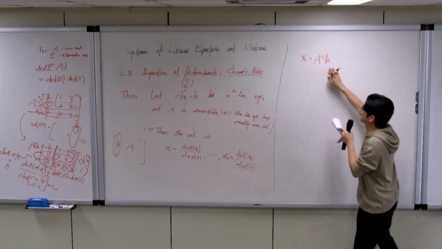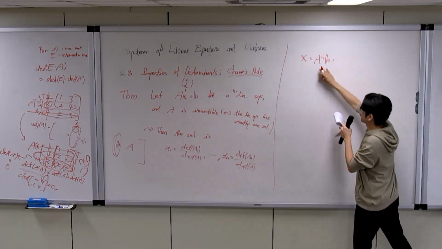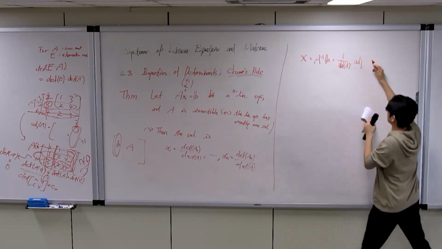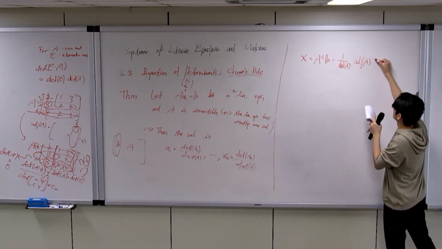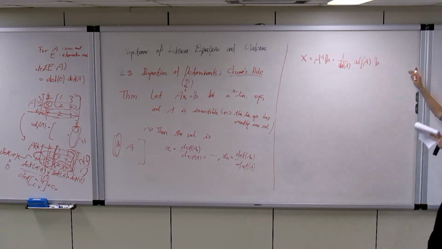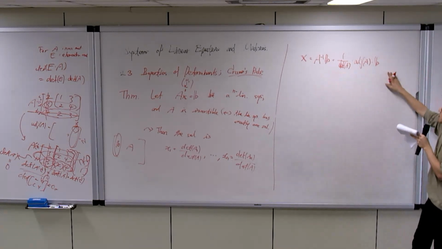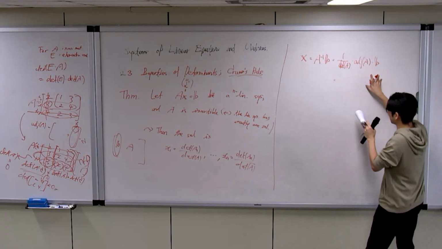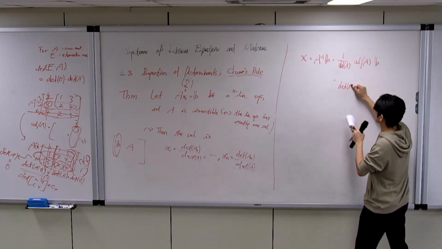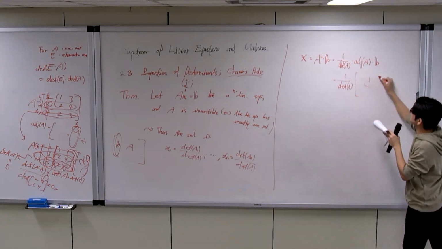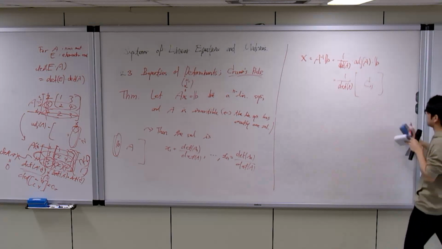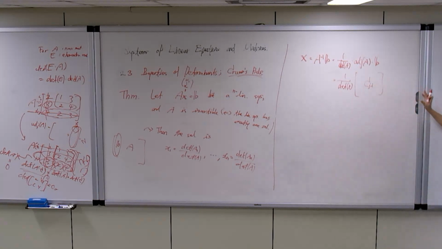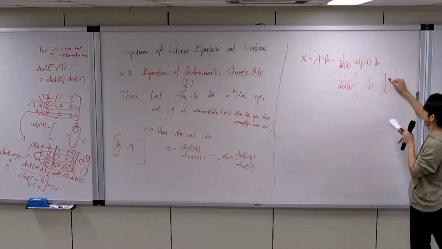So x will be written in this form, and the inverse matrix of A is 1 over determinant of A, scalar multiplication to the adjoint matrix, and it is matrix multiplication to vector B. If you consider the matrix multiplication, then it is the adjoint matrix, I use ji because it is the transpose matrix, and b_i.